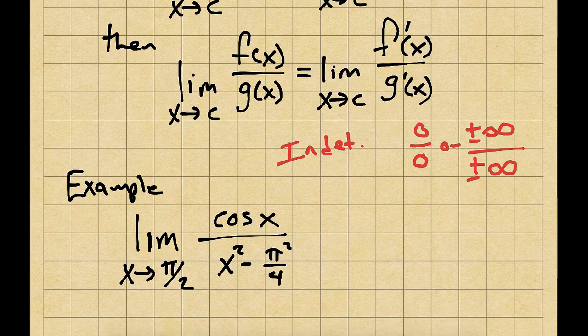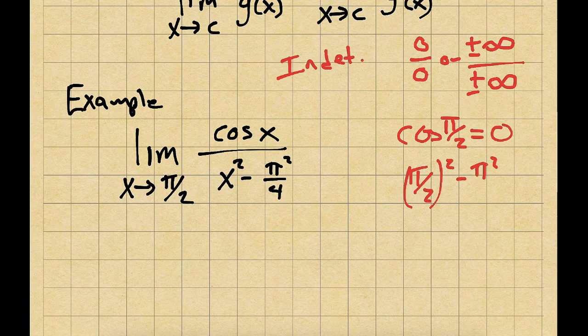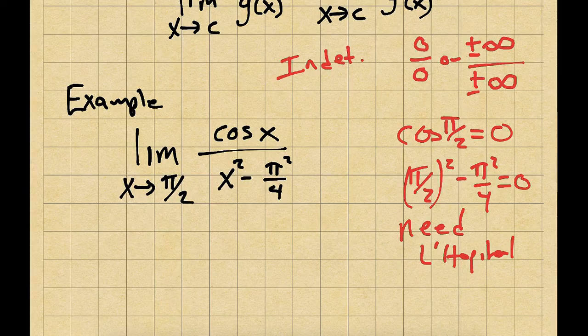So, for example, if you have something like this, you look at that and you go, okay, the cosine of pi over 2 is equal to 0, and pi over 2 squared minus pi squared over 4 is equal to 0. Then we're going to need L'Hopital's rule.